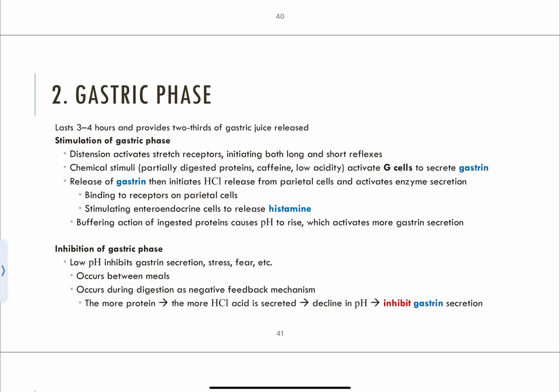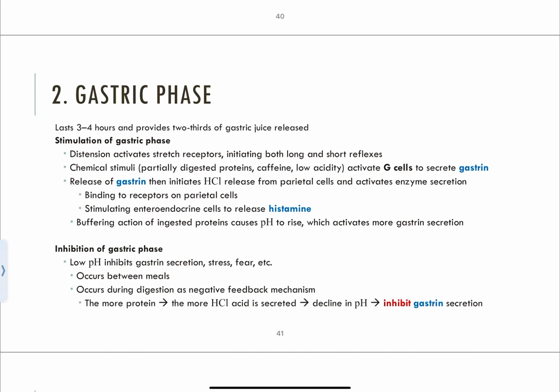When we're talking about stimulation, the most important stimuli are going to be distension, as well as peptides and low acidity. We would know we have contents in our stomach because we have low acidity, we have the presence of proteins in our stomach, and we can sense that our stomach is stretched a little bit.